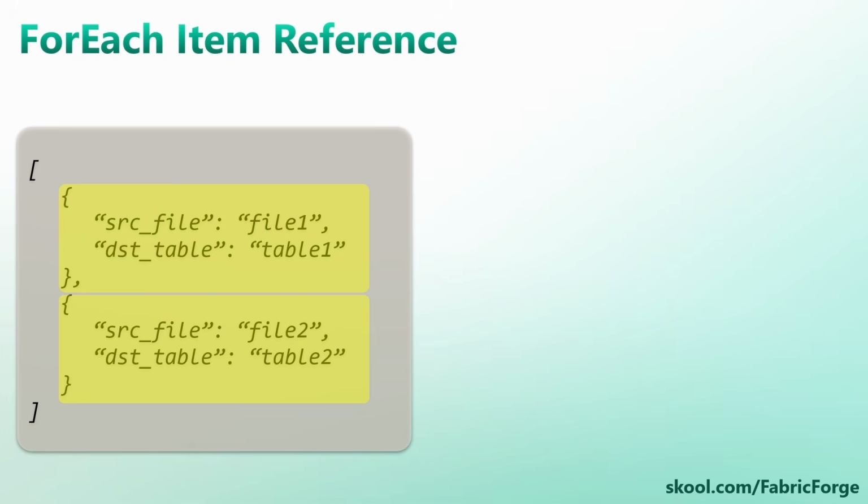If we would like to refer to those 2 objects, we would use the @item reference. In the first iteration of our ForEach, that @item would be replaced with our first object, and then in the second iteration, it would be replaced with our second object, and so on if we had more objects in our array. Then what if we would like to refer to these properties inside of our objects?